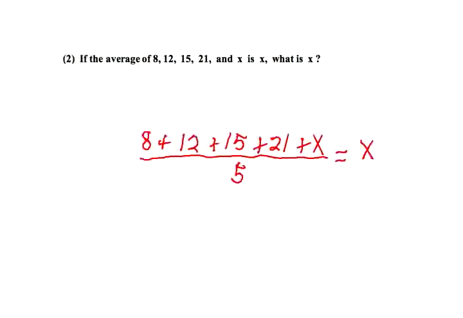Okay, so we add these up and we get (56 + x) / 5 is equal to x. Multiply both sides by 5, we get 56 + x is equal to 5x.